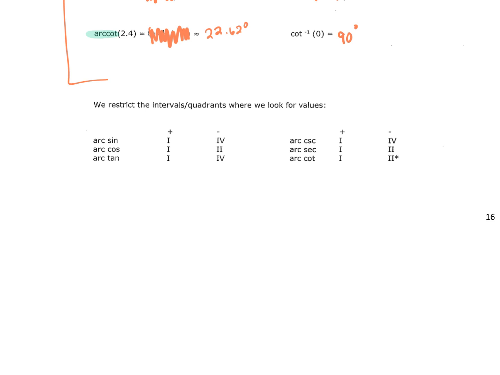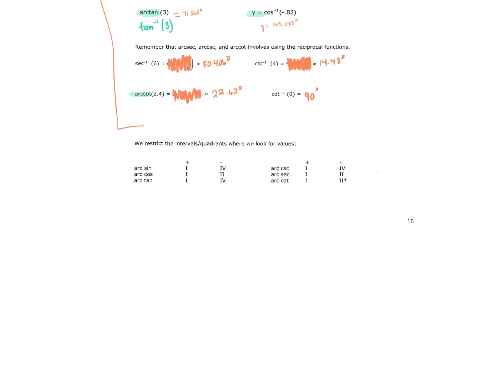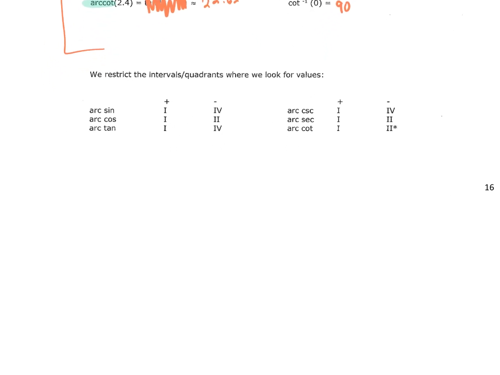And I'm going to explain it here, but I'm also going to give you another visual to help you with thinking about where you're going to look for these answers as well. Okay? So if we are asked to find the inverse trig function of some value and the value is positive, then it doesn't matter which inverse it is: cosine, sine, tangent, secant, cosecant, cotangent.